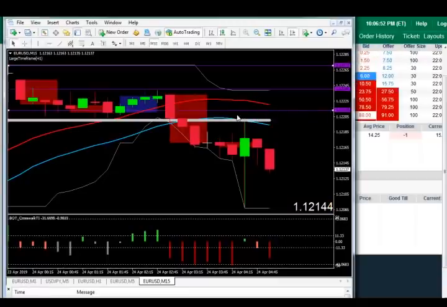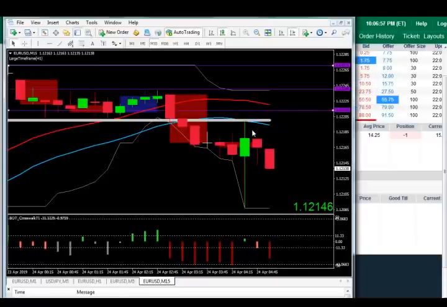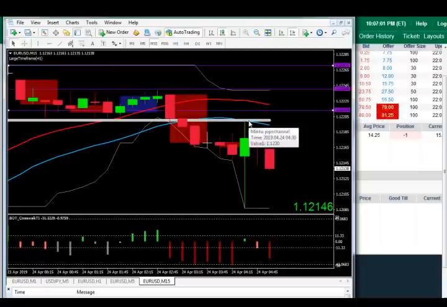Why? Because this line right here is above all of these wicks. If I couldn't have gotten a number but just right at the wick, I don't want to bet, because that's how you force a trade.